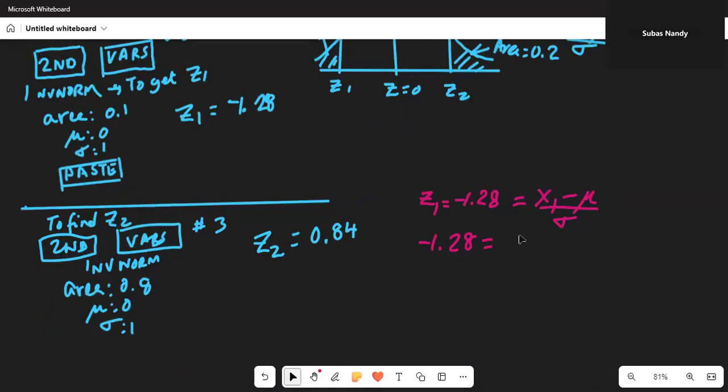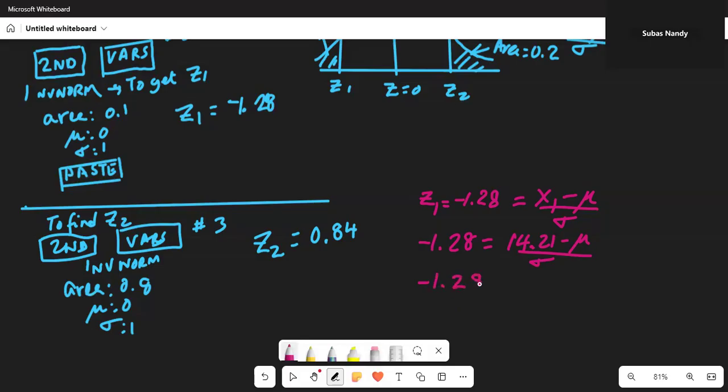So minus 1.28 is equal to 14.21 minus mu divided by sigma. If we multiply by sigma on both sides, we get minus 1.28 times sigma is equal to 14.21 minus mu. If we divide by minus 1.28 on both sides, we get sigma is equal to 14.21 minus mu divided by minus 1.28.